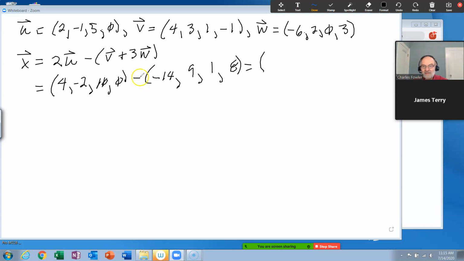What would that give you? 18, negative 11, 9, negative 8. Let's see how the book did. They got 18, negative 11, 9, negative 8. I'm so proud of them.